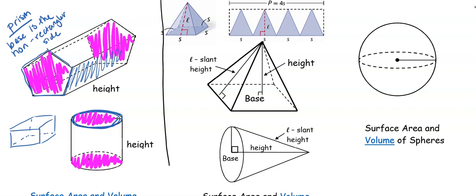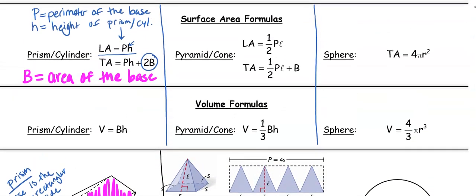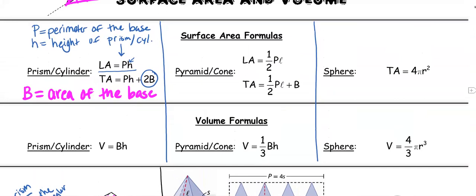They taper off. And this is going to give us a little bit of extra information. So P is still the same. P is the perimeter of the base. Important there. Identify the base and then do the perimeter of the base.